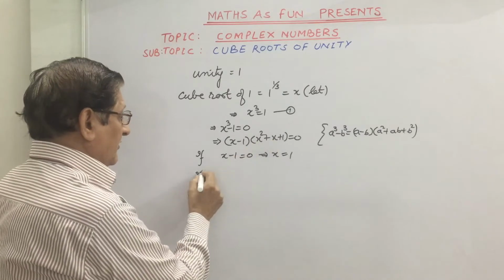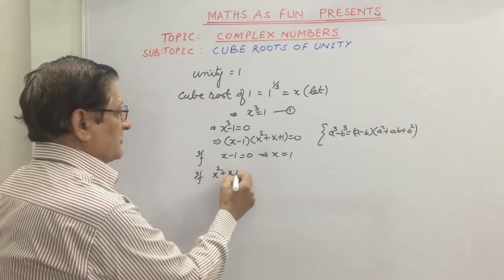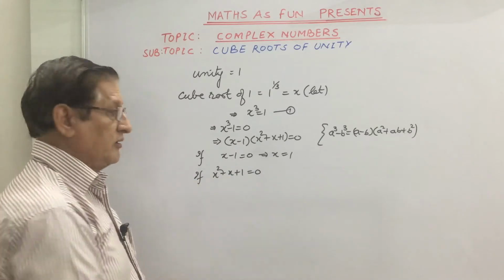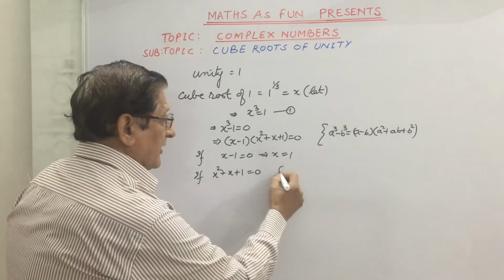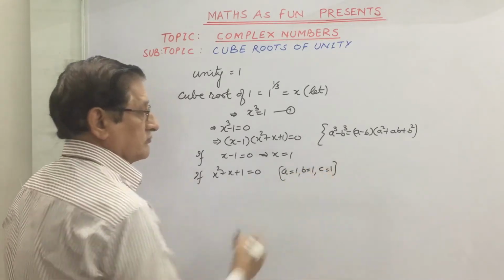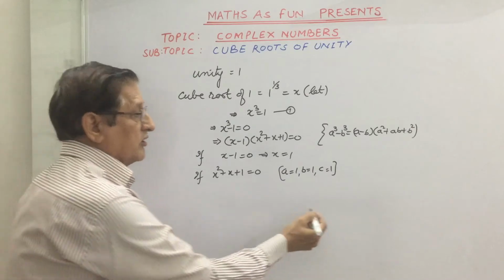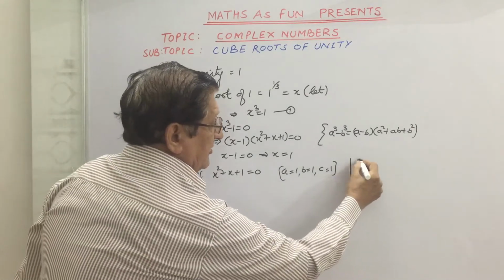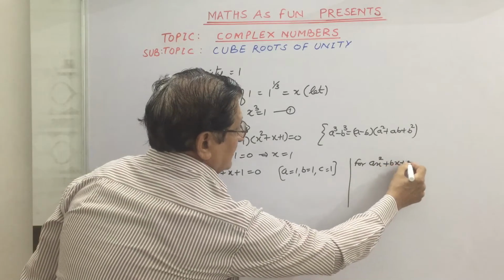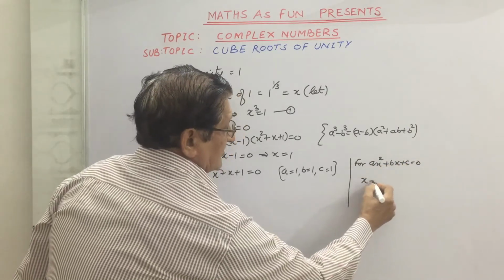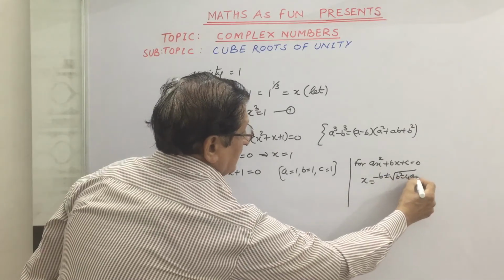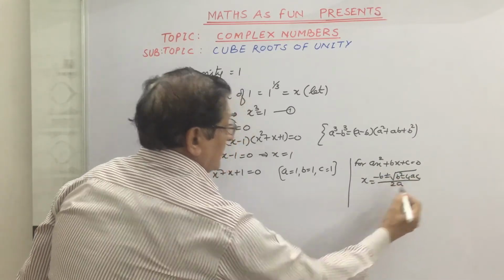Now if we go for the second one, x square plus x plus 1 equal to 0, this is a quadratic equation where we find that a is equal to 1, b is 1 and c is also 1. And we know the quadratic formula. For any equation ax square plus bx plus c equal to 0, x is minus b plus minus root of b square minus 4ac upon 2a.